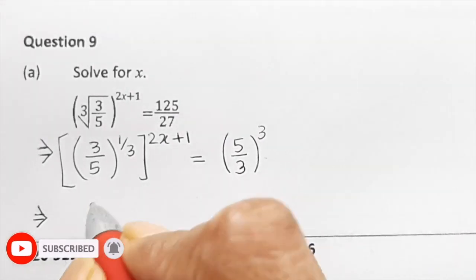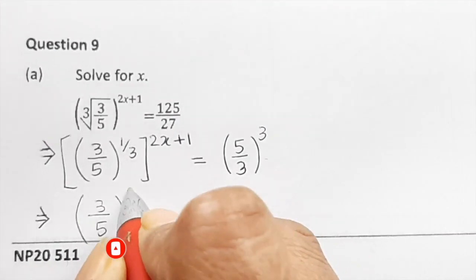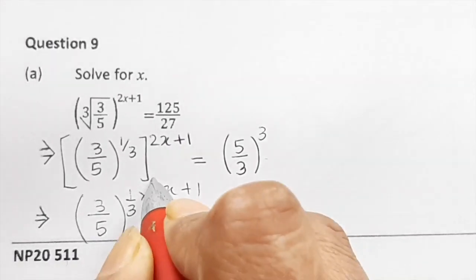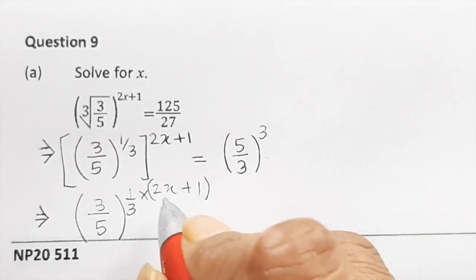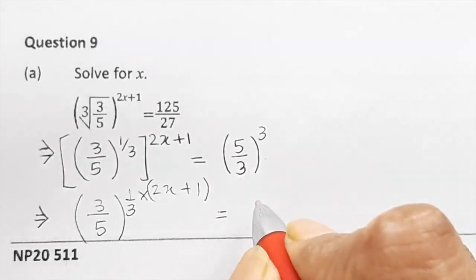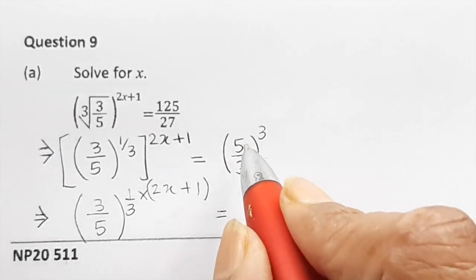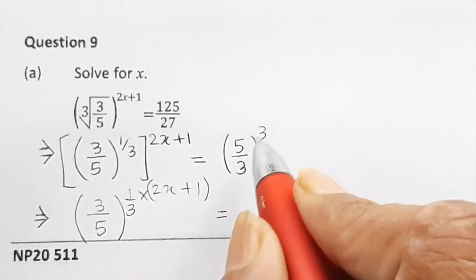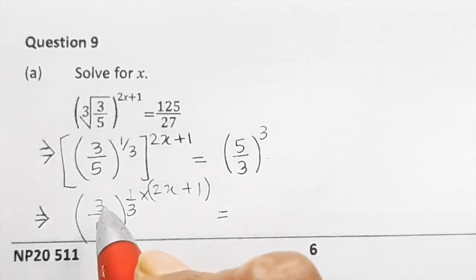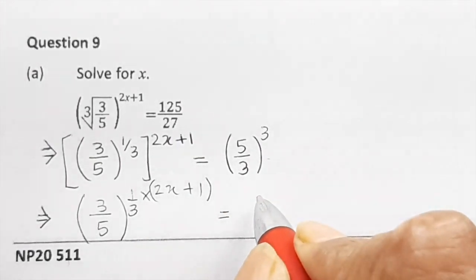Now in the next step we will write (3 upon 5) bracket to the power 1 upon 3 into (2x plus 1), and we place a bracket here because this whole bracket is divided by 3. That is equal to, here we are going to now look at the base, (5 upon 3) to the power 3, but here it is 3 upon 5. So we are going to make a reciprocal of this.